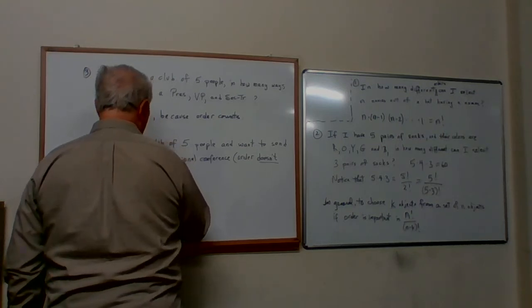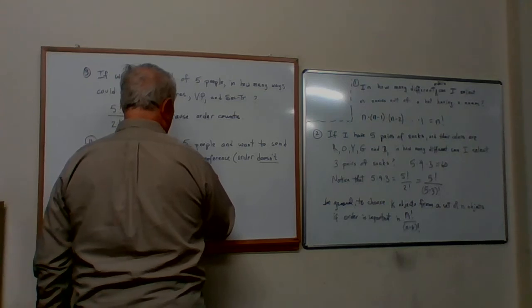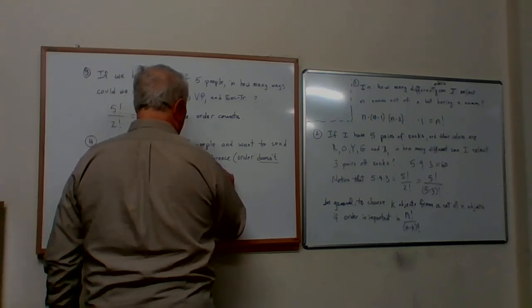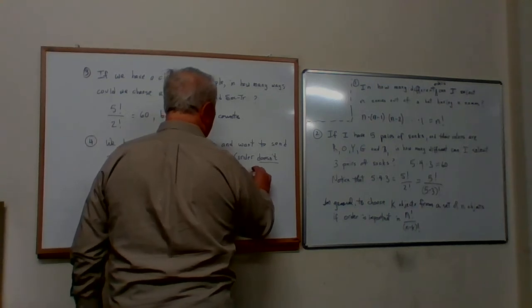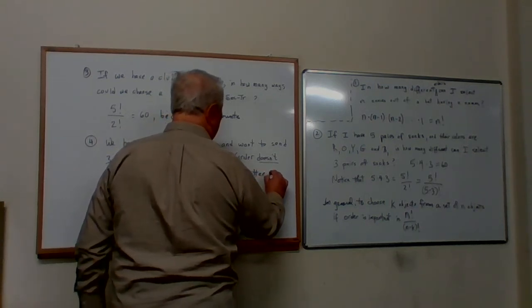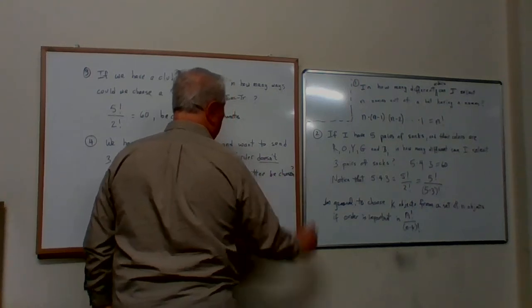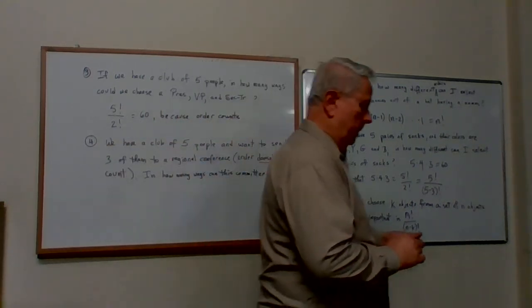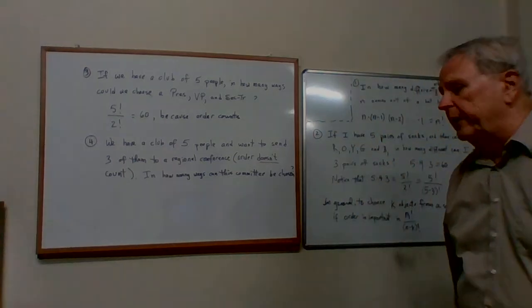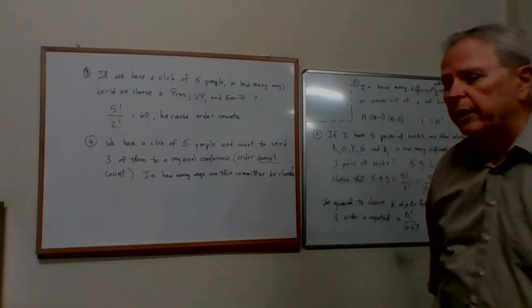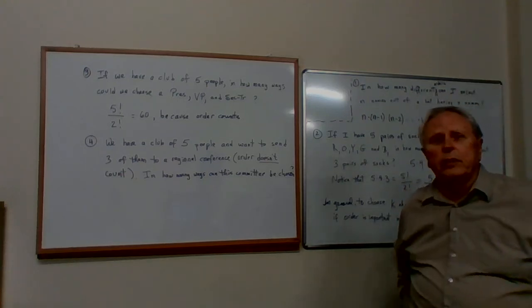In how many ways can this committee be chosen? See, order is not important because I'm just picking 3 people and no one of them is more important than another one. They're just 3 people out of the 5.